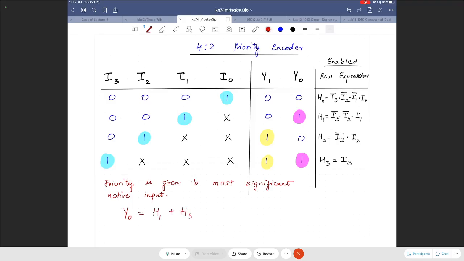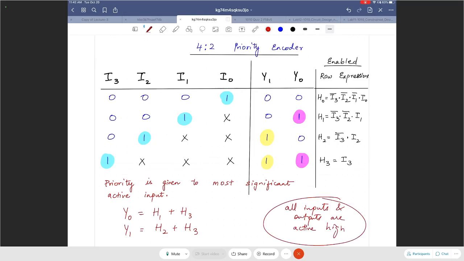And for Y1, you have H2 or H3. And again, all inputs and outputs are active high. So what we did over here is we still don't care about H0.